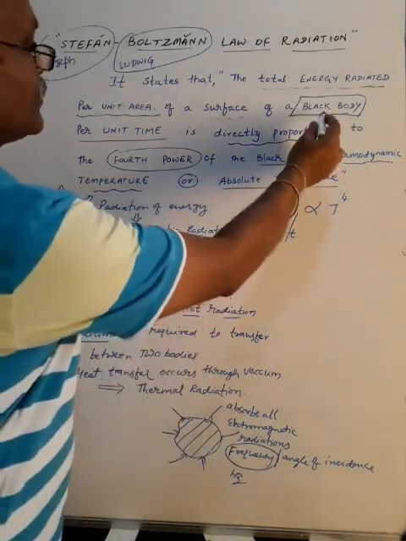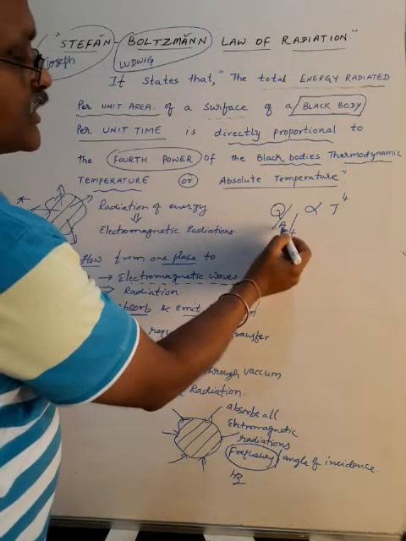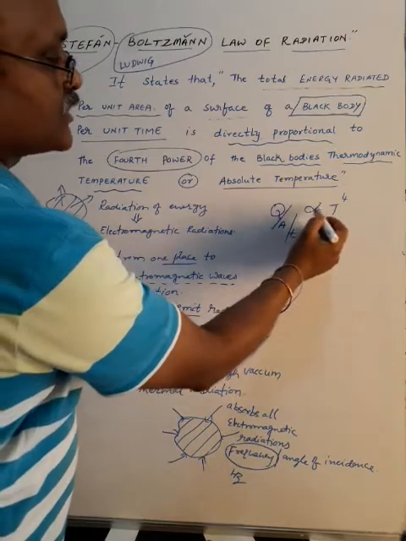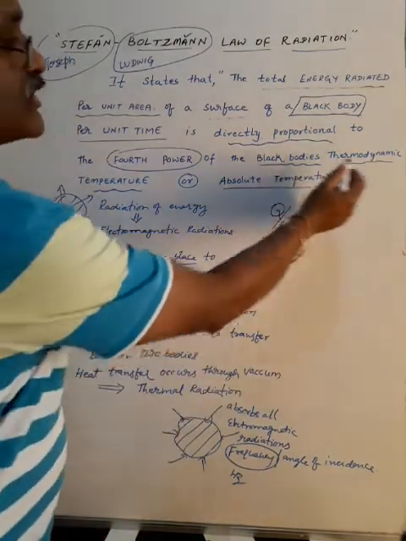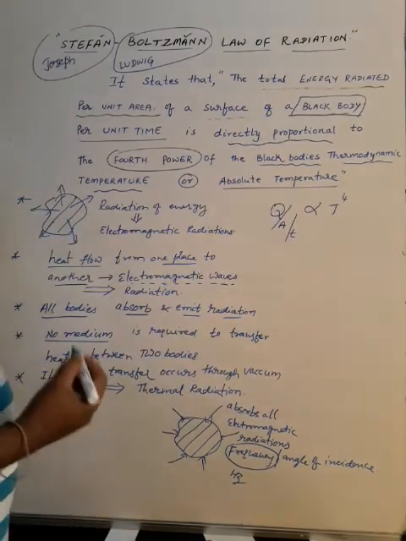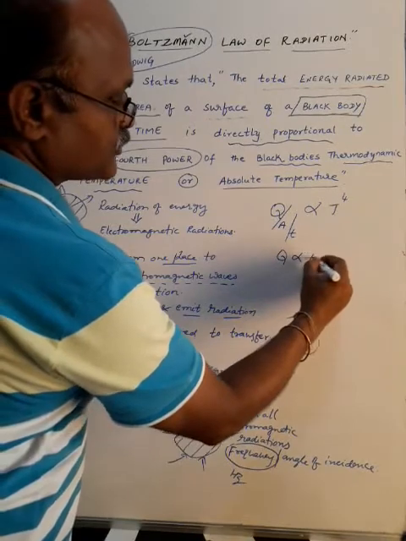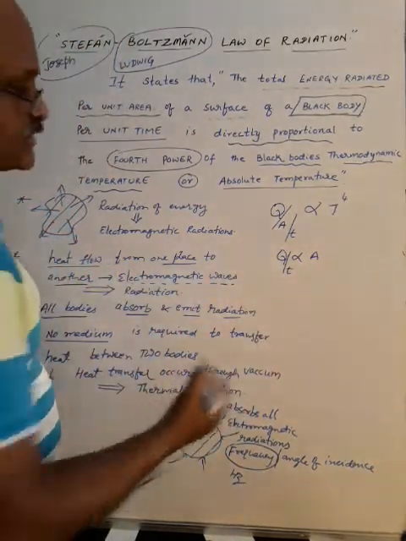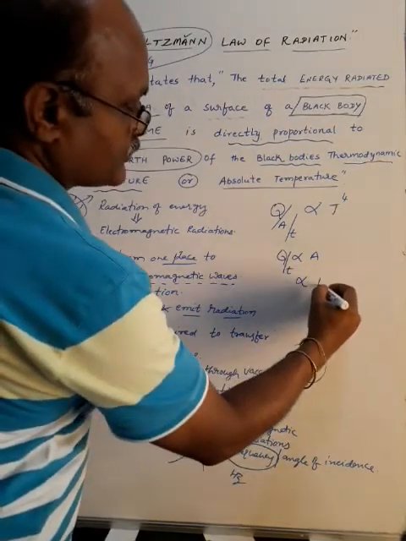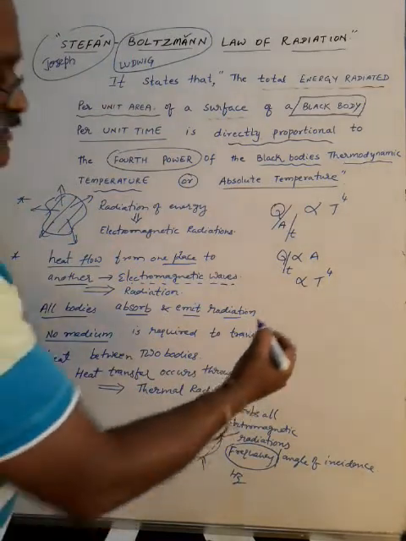Hence, the rate of heat transfer per unit area is directly proportional to the fourth power of the black body's thermodynamic temperature or absolute temperature. That means Q, the rate of heat transfer, is directly proportional to area and also proportional to the fourth power of temperature.